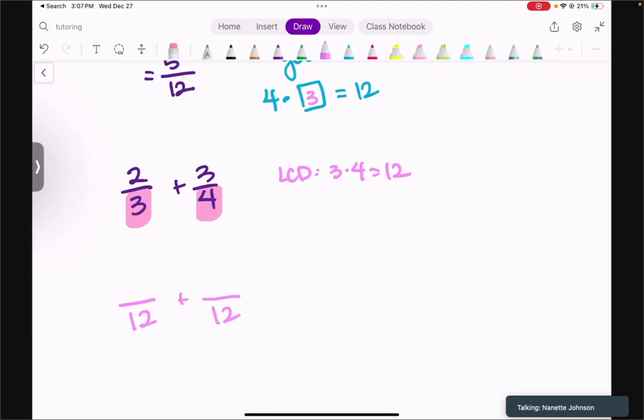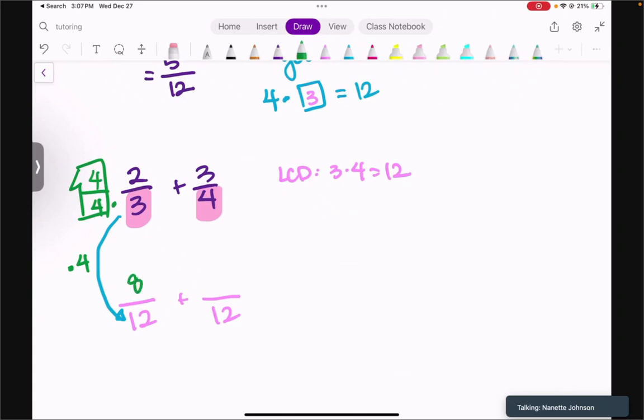And now I'm thinking, how can I get 3 to be 12? Like I'm thinking, 3 times what gives me 12? I think I said the answer. It's times 4. So because I multiplied the bottom by 4, remember, we're going to multiply the top by 4 because we can only multiply by 1. So this has to be 8.